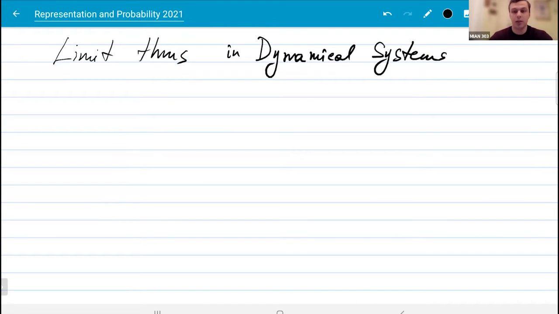Of course, I will start with a long introduction to discuss what are limit theorems in this context and how one can expect such things. So today it will be some sort of crash course in ergodic theory, and I hope limit theorems will appear next week.